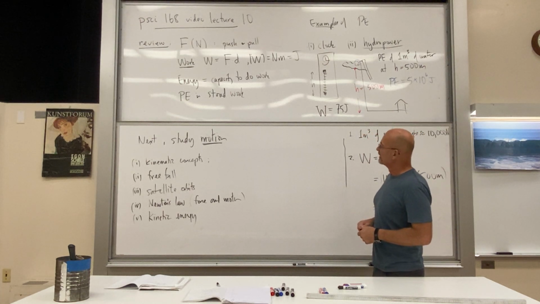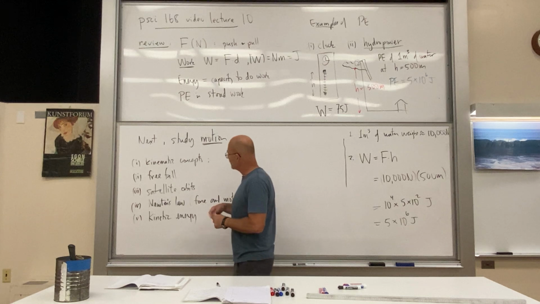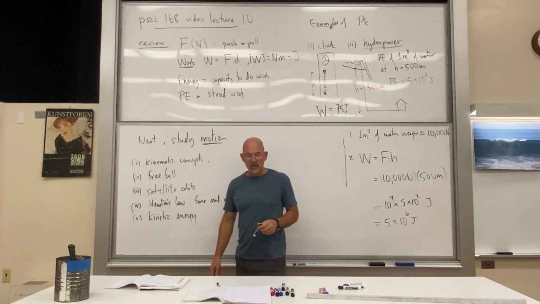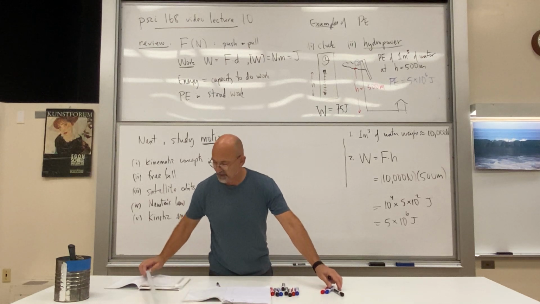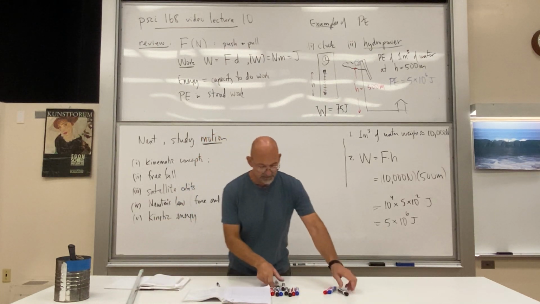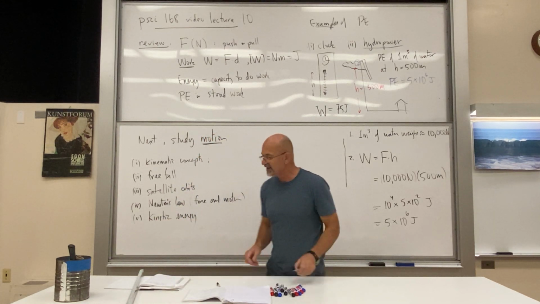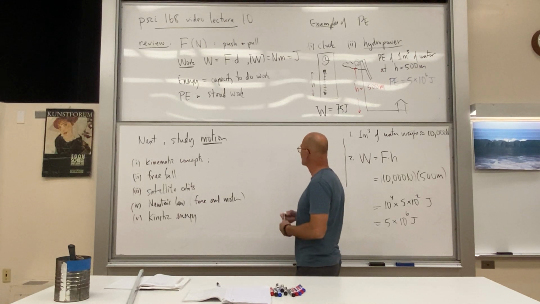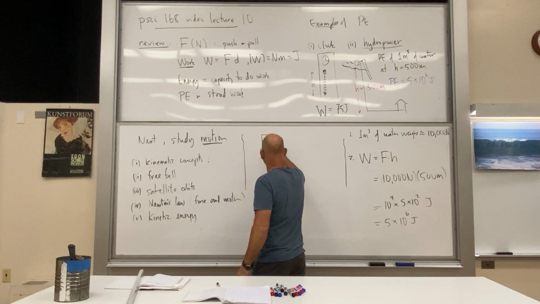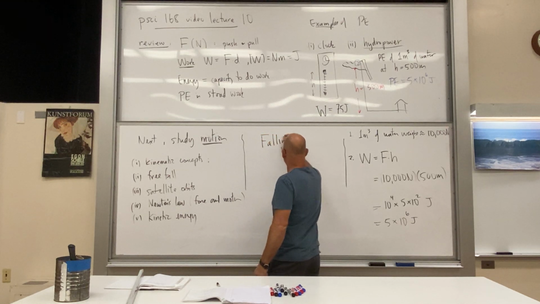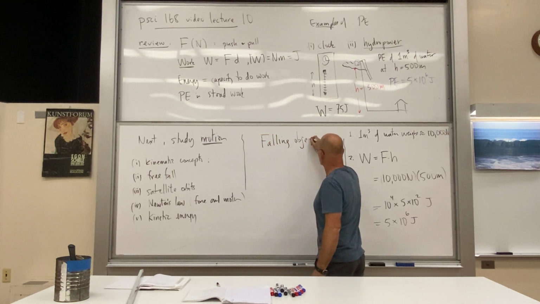Okay, so to begin with the study of motion, I'm going to start with falling motion. Got an interesting demonstration for you here just on the tabletop. So what is the nature of falling motion? Falling objects.